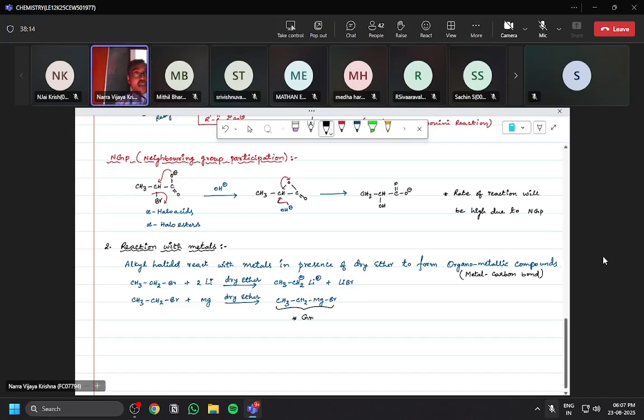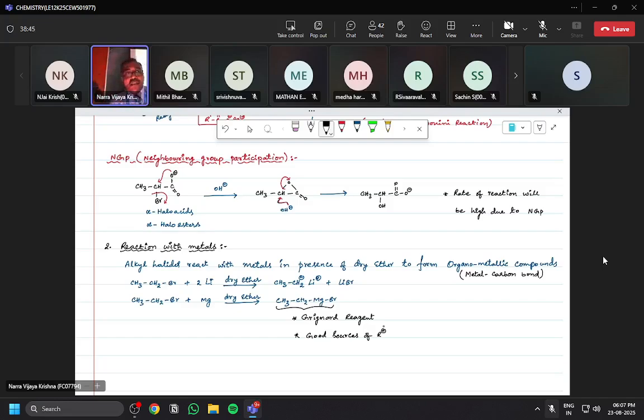We call this one a Grignard reagent, an organomagnesium compound, magnesium halides, Grignard reagents. All Grignard reagents, all organometallic compounds, are good sources of R minus. This R minus may act as a nucleophile or may act as a base. If there is acidic hydrogen, R minus behaves as a base.